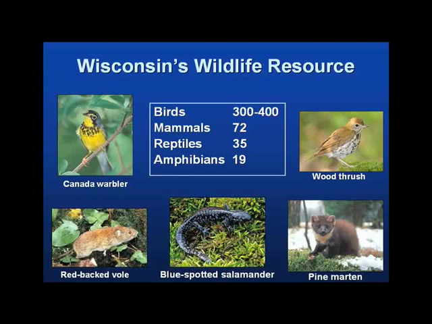So we're going to focus on birds, mammals, reptiles, and amphibians. And to get an idea of how many different species of each of these groups of animals there are, I put those numbers on the screen there. You see for birds, we have more birds than any other group, between 300 and 400.